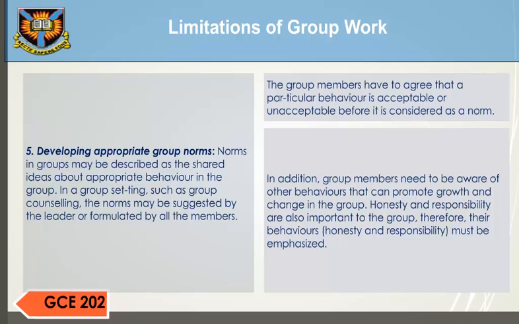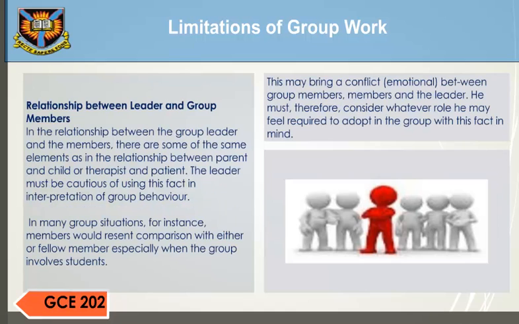In addition, group members need to be aware of other behaviors that can promote change in the group. Honesty and responsibility are also important to the group. Therefore, their behaviors, honesty and responsibility, must be emphasized.